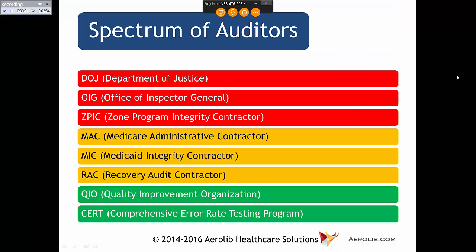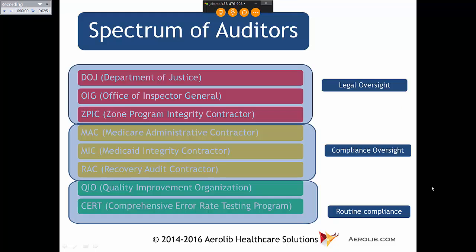Now, people who have attended our webinars know that we always start with this slide. And what this is to give us an impression on who's watching us, who's watching the healthcare community. And when you look at the 2 bottom green ones, the certs and the QIOs, they are actually for routine compliance. They actually help the hospitals. The RACs, MICs, and MACs, again, they have attained some notoriety in terms of holding payments, but they are essentially for compliance oversight.